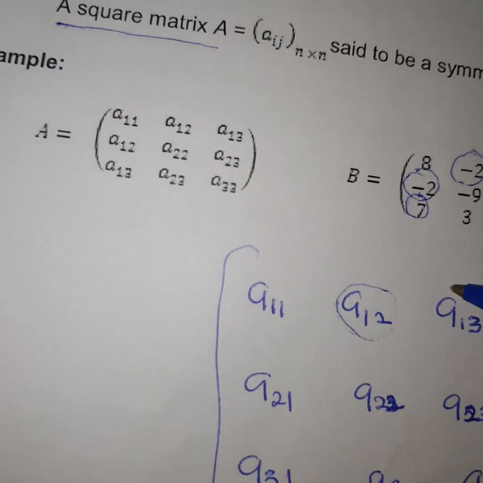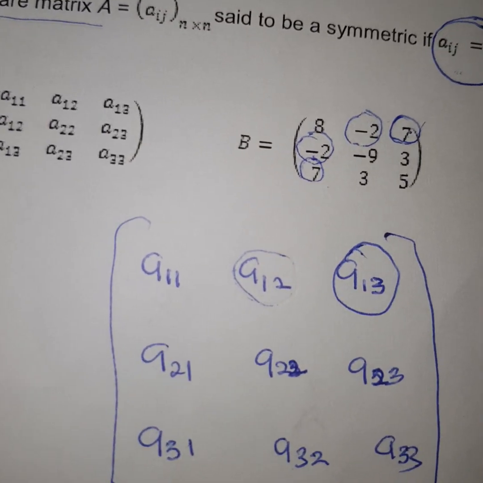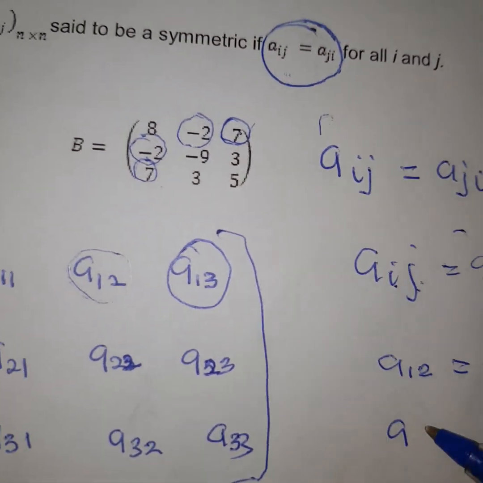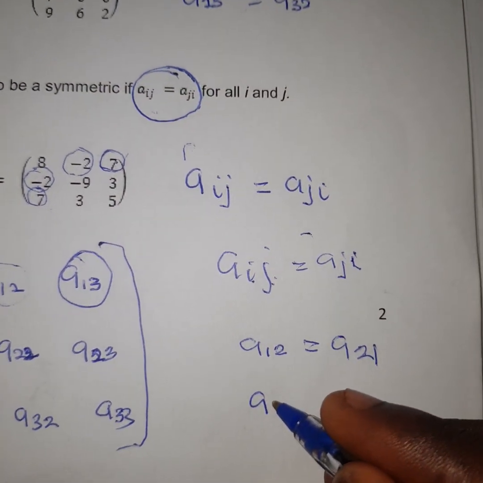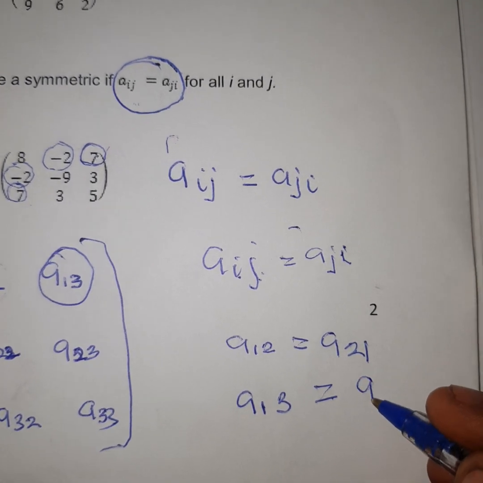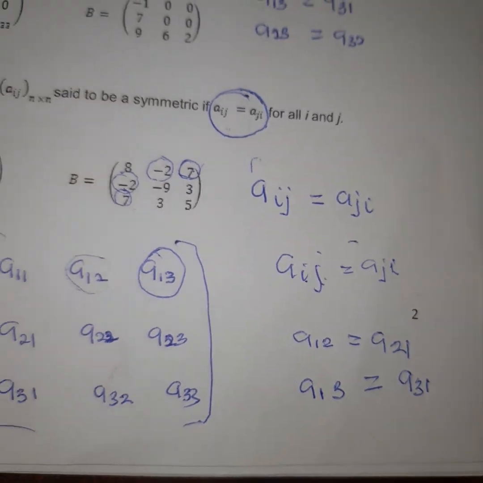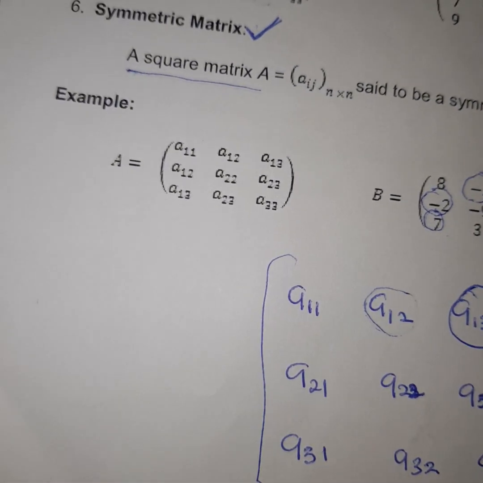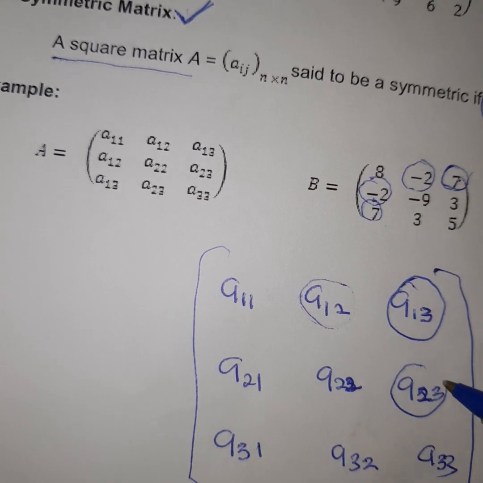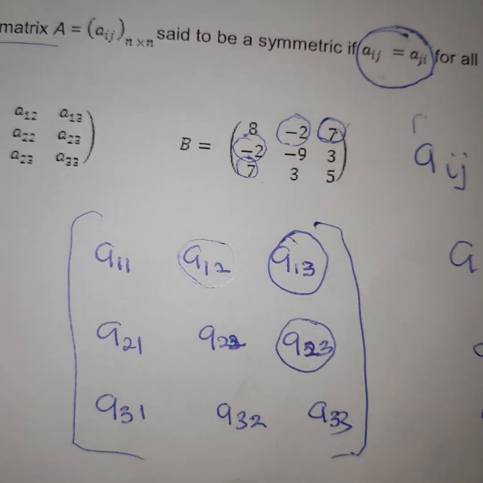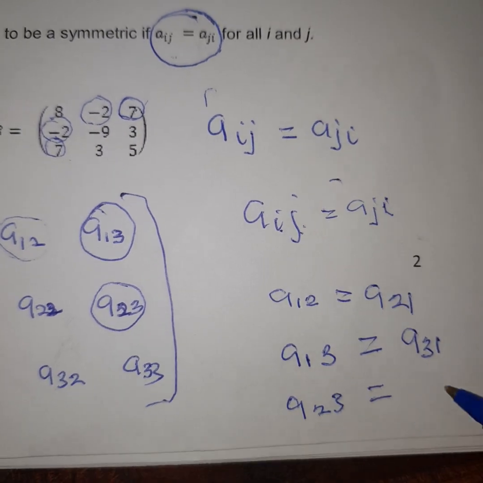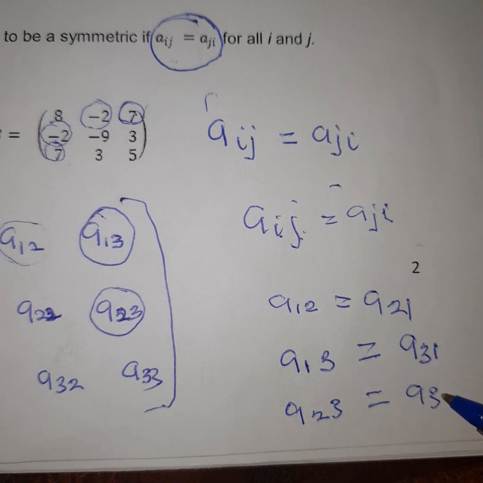And A13 should be equal to A31. Then A23 should be equal to A32.